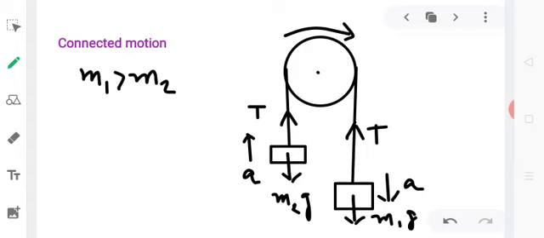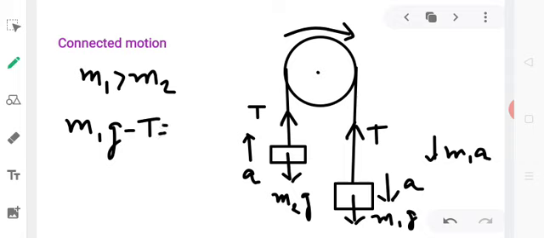So, on the heavier body, the various forces are: number one, its weight m1g acting downwards. You may refer to the picture for this. Its weight m1g acting downwards, the tension T in the string acting upwards. So, as this body moves downwards with acceleration a, the net downward force on it is m1a. So, clearly m1g minus T will be equal to m1a.